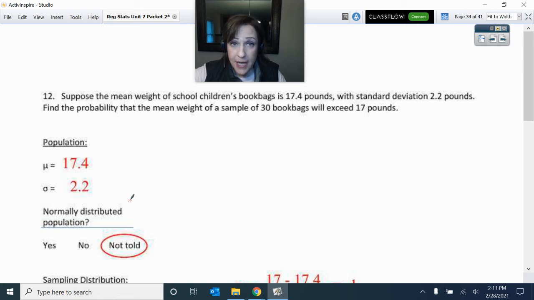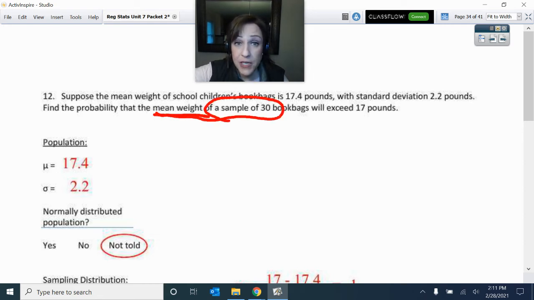I'm not able to say, what's the probability that a backpack will exceed 17 pounds? Because I do not know the shape of all of the individual weights. But this question asks about the average weight of a sample of 30. So that's asking about an X bar.